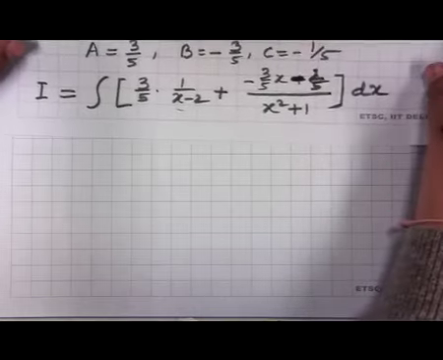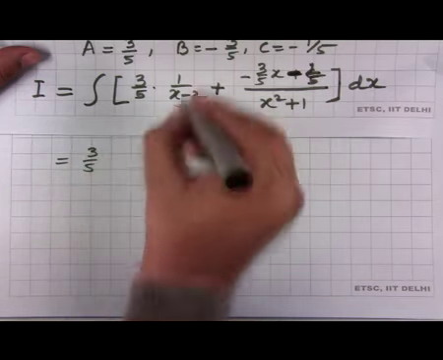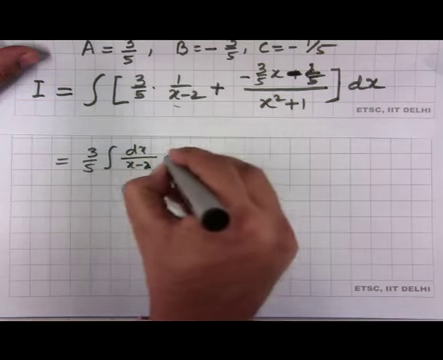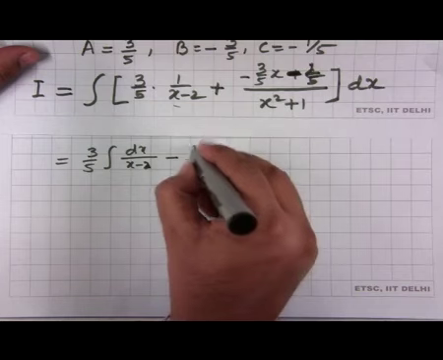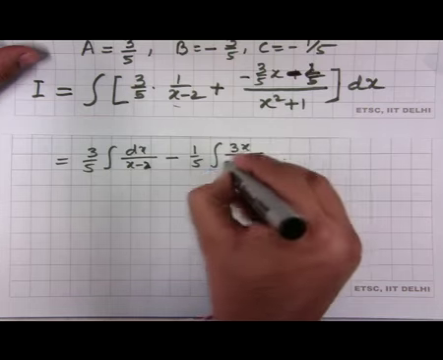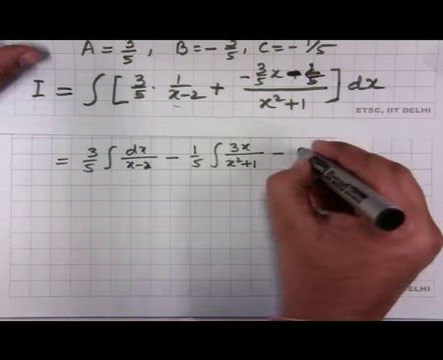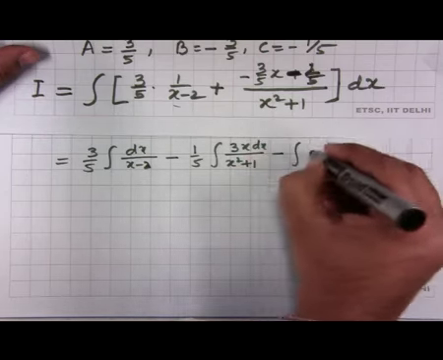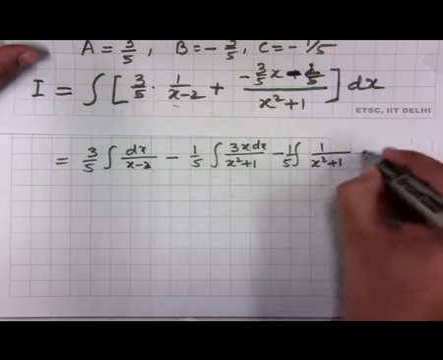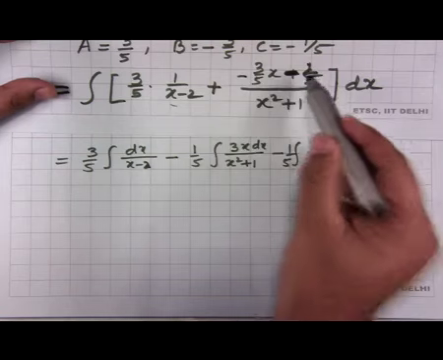So, the integral we shall write as following: 3 by 5 integral of 1 over x minus 2, minus, I can take 1 by 5 as common, integral of 3x over x square plus 1 dx, and then minus 1 by 5 integral of 1 over x square plus 1 dx. So, this is what we will get, minus 3 by 5 minus 1 by 5.